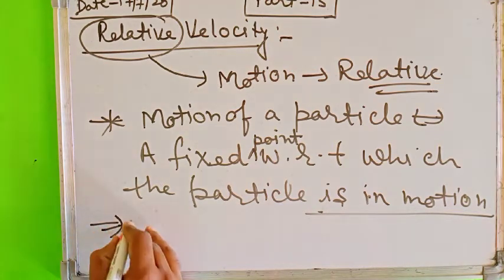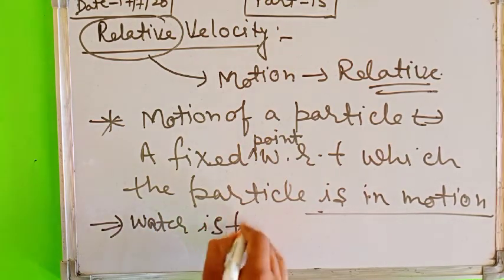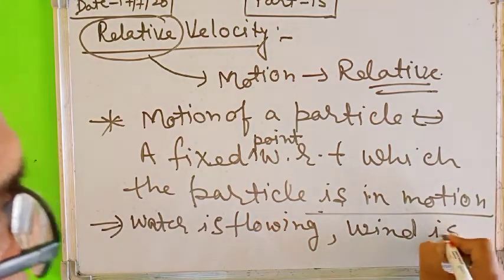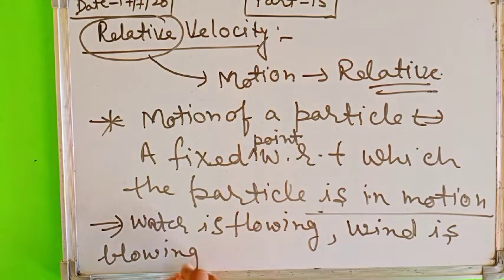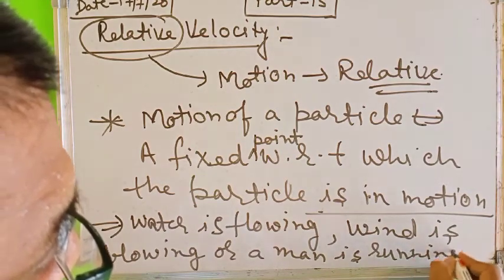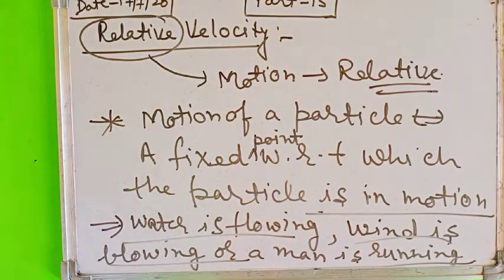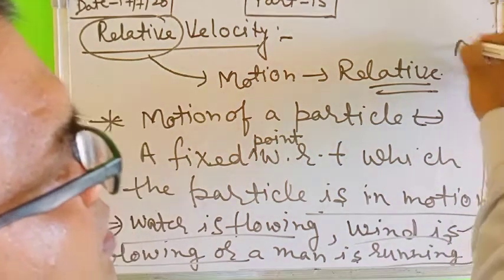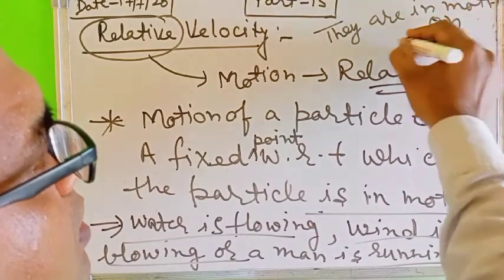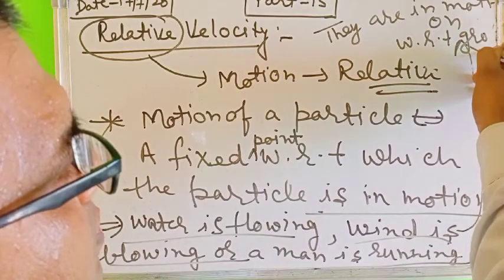If you say water is flowing, or we say wind is blowing, or a man is running with velocity v, all this means to say that all these things are in motion with respect to ground.